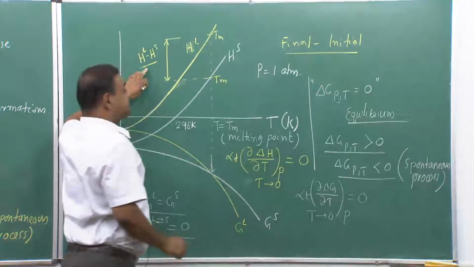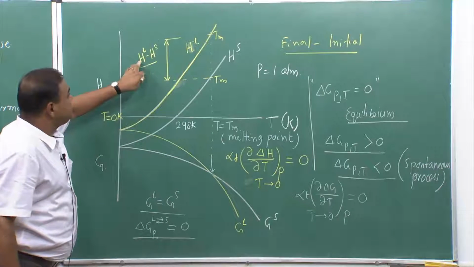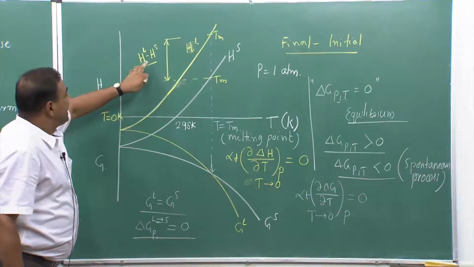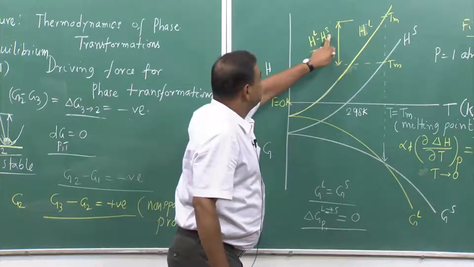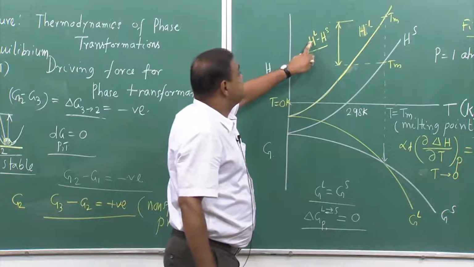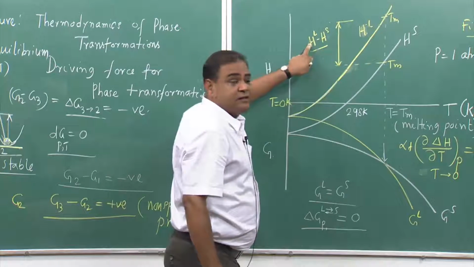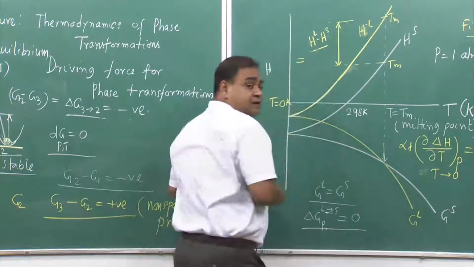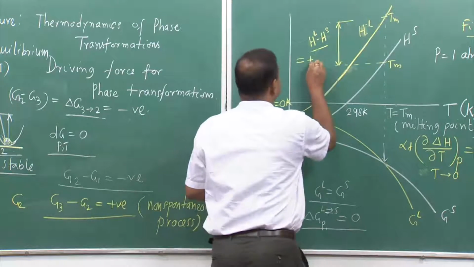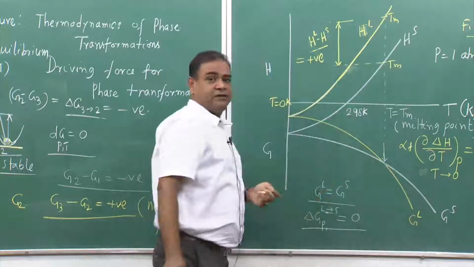In this case, I am subtracting solid enthalpy from a liquid enthalpy. That means my final state is liquid. So, in that case, what is this value? This value becomes positive, means this is higher than this, so this becomes positive.